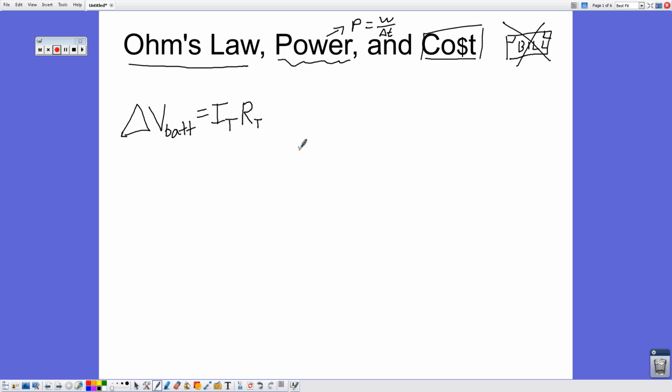They're all proportional. So that means if we know the voltage of the battery, we can find the current and the resistance of the circuit. So Ohm's law is cool because it works for the entire circuit.